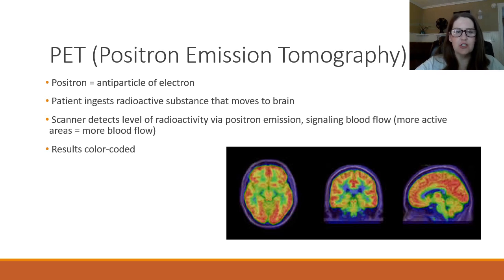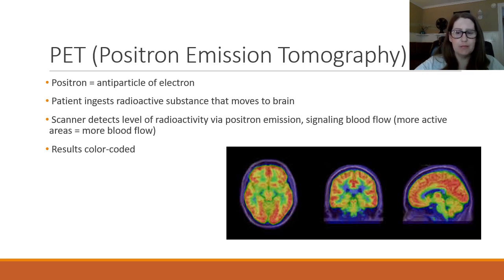And in this case, the patient actually ingests the radioactive material. So they can either do this via injection or by mouth, but either way, there's a radioactive substance that moves through the blood of the patient, makes its way to the brain. And the scanner actually detects the level of radioactivity in various levels of the brain, and that indicates how much blood flow is going to those regions of the brain.